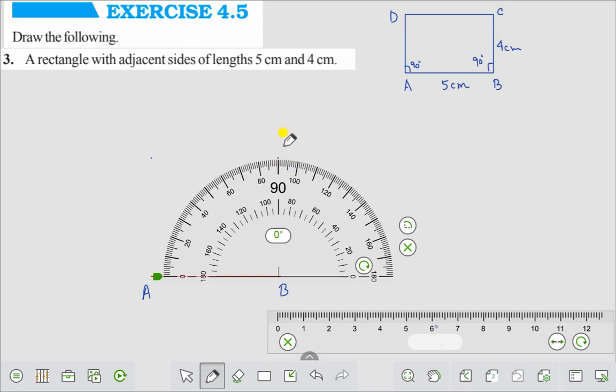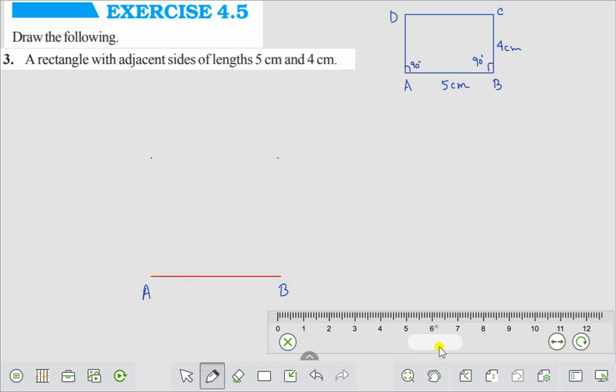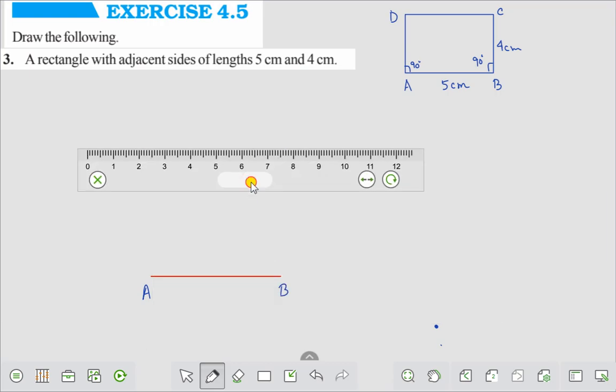With the help of the ruler, we'll make the angle of 90 degree.